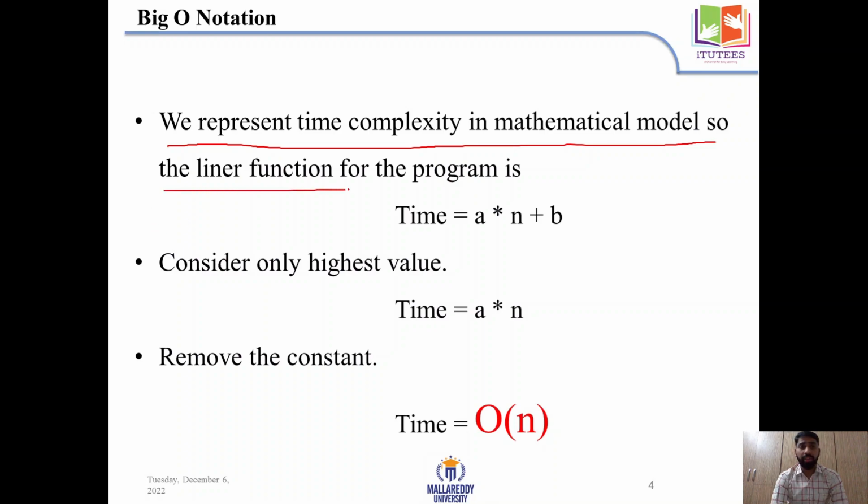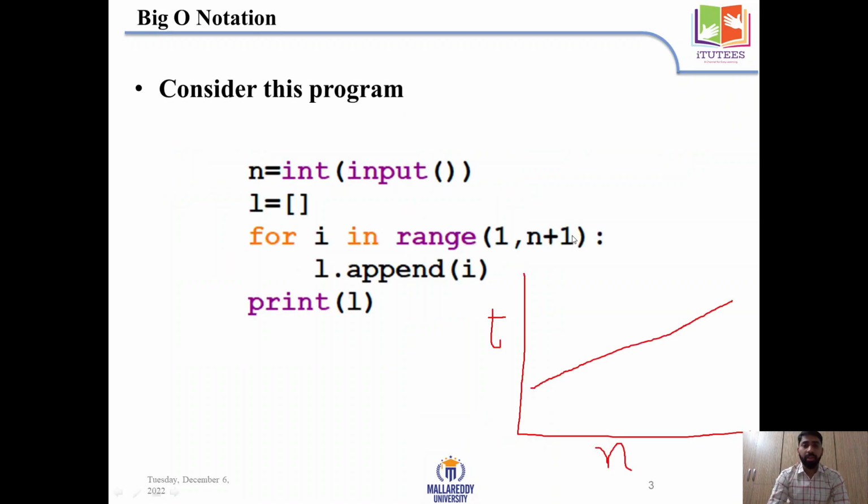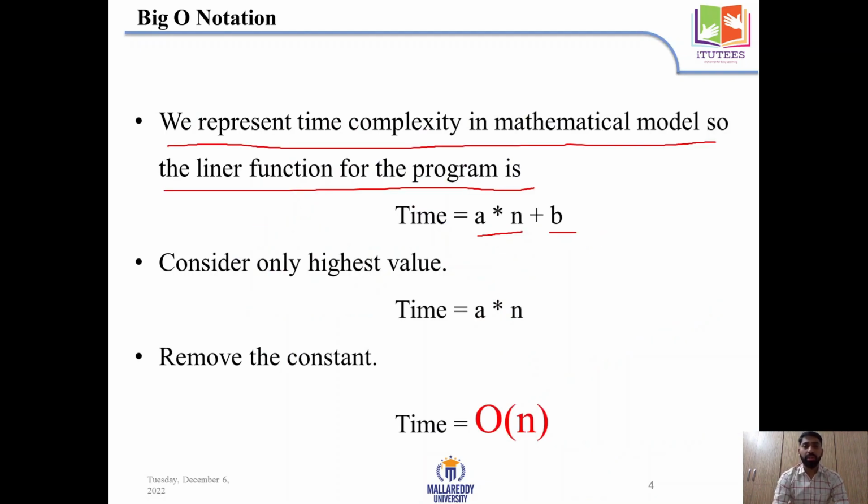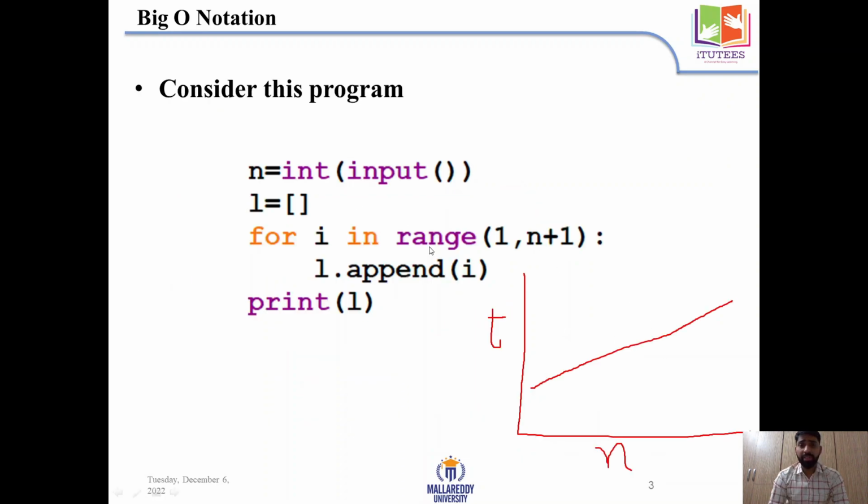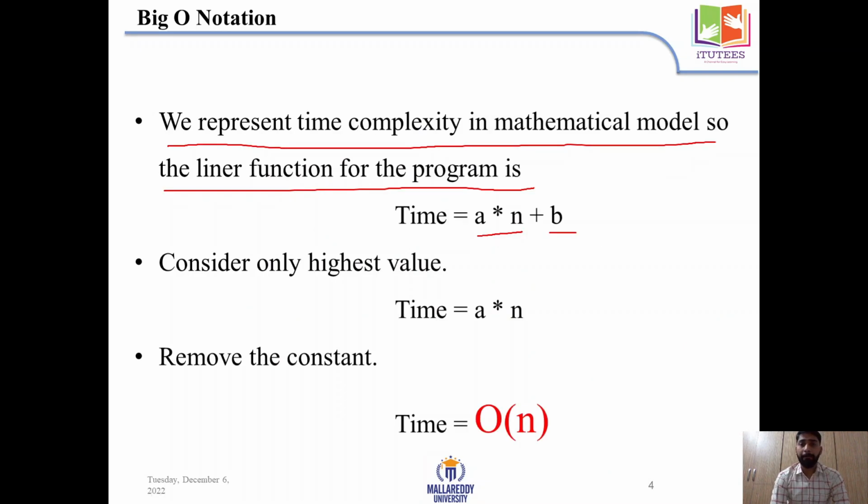So the linear function for this program is time equals a times n plus b. In the previous program, how many for loops are we using? One for loop. Now I process this for loop from 1 to n. So here, a times n plus b. A represents the number of instructions we are using in the for loop, and b means the remaining instructions.